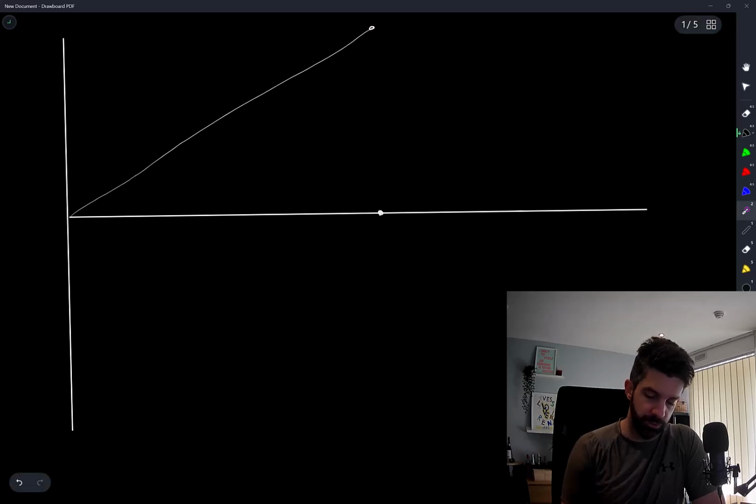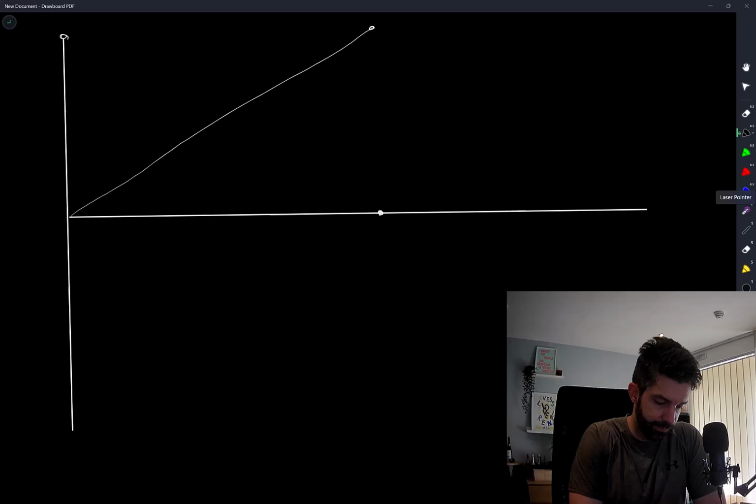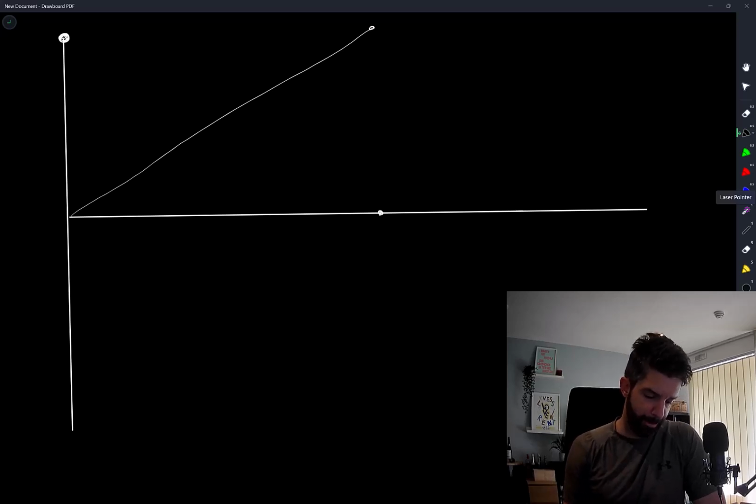If I took values of x greater than 1, then there's no way that cosine of 97x could be equal to x. Okay, the cosine function starts at 1 and oscillates around. So that's x equals 1 right there.